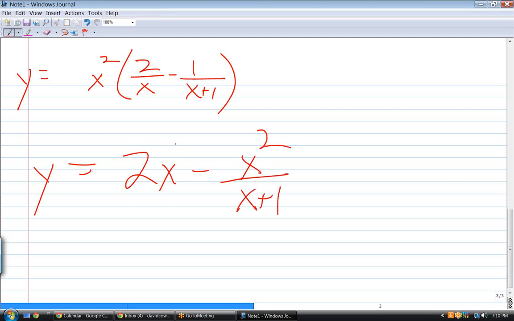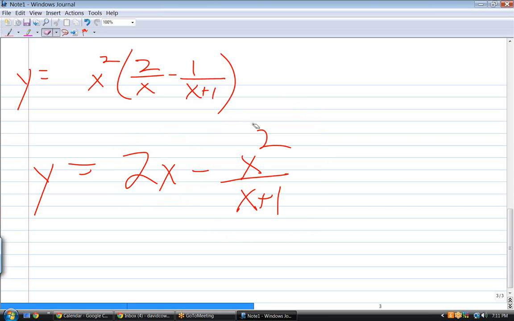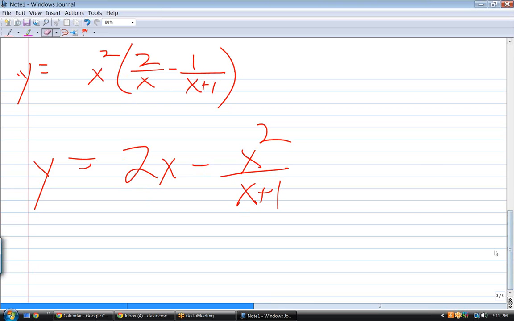Okay. Now I can easily take the derivative of that, and then I can take the derivative of that using the quotient rule. That's going to be the easiest way to go, rather than finding a common denominator and doing it that way, which is the other option that we would have.